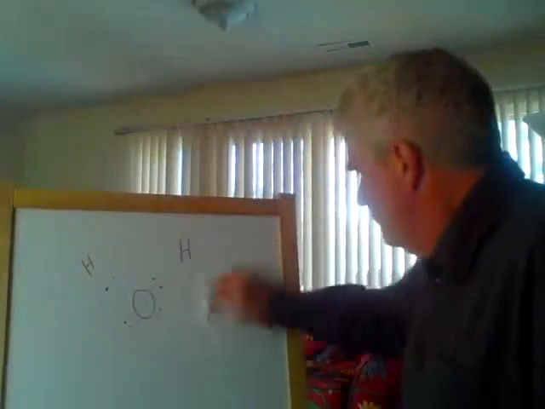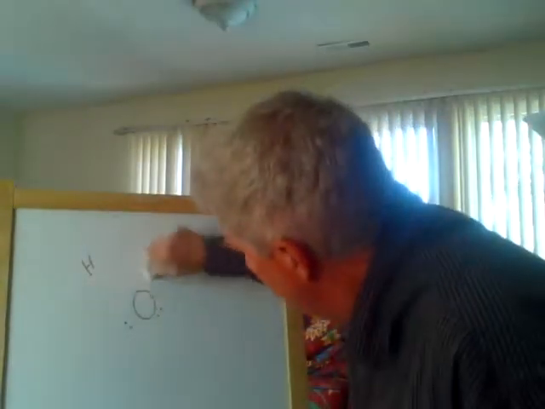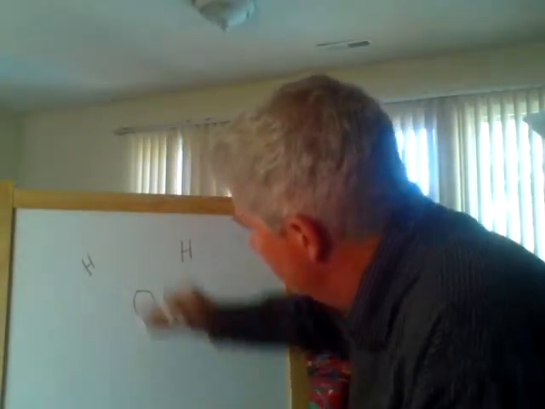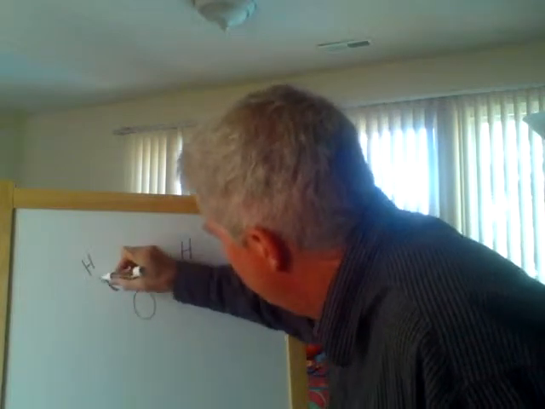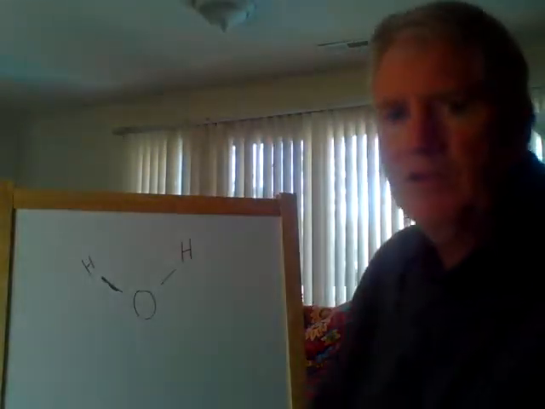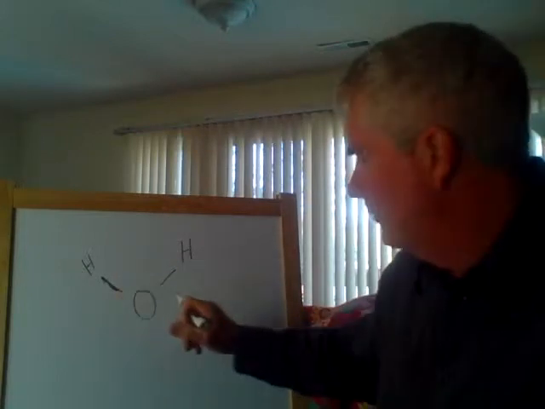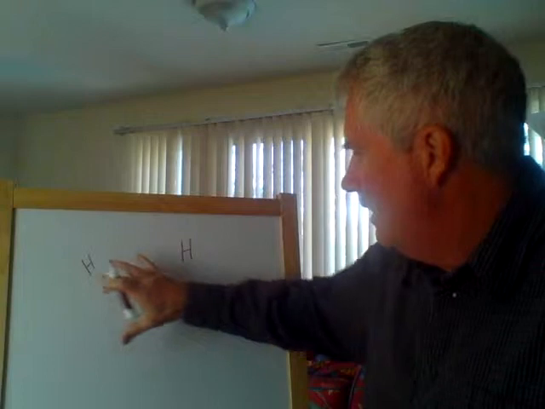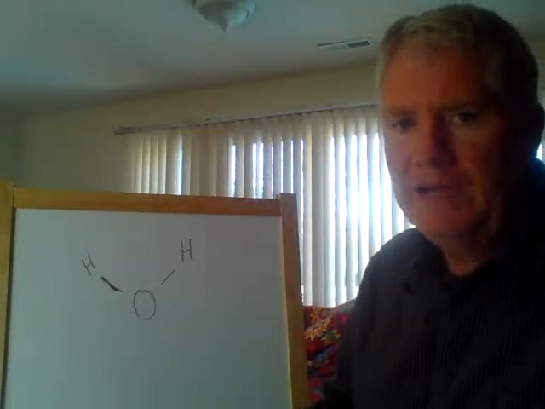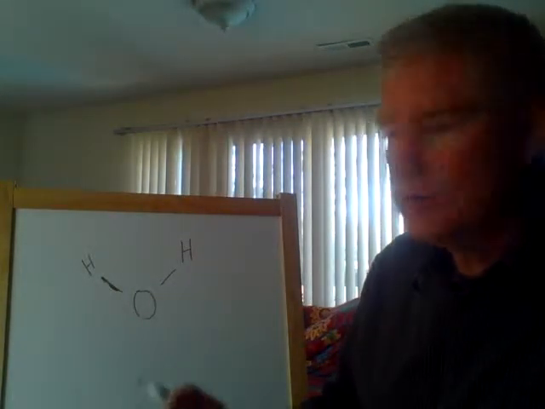Now, what's interesting about water is that I'm going to draw back the lines. It forms a bent molecule. Down at the molecular level, it really is angled like this, and the molecule has some charges.